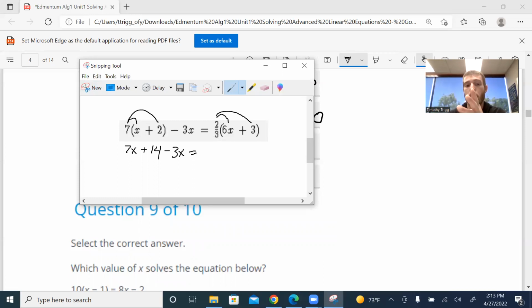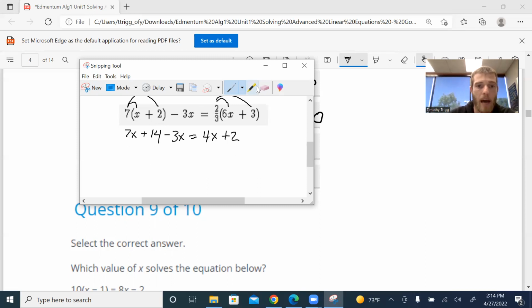Okay, so remember, to multiply a whole number like 6 times a fraction, just multiply the 6 times the numerator, then divide by the denominator. So 6 times 2 is 12. 12 divided by 3 is 4. So that's 4x. 2/3 times 3, you do multiply times the numerator, divide by denominator. So 3 times 2 is 6. 6 divided by 3 is 2, plus 2.